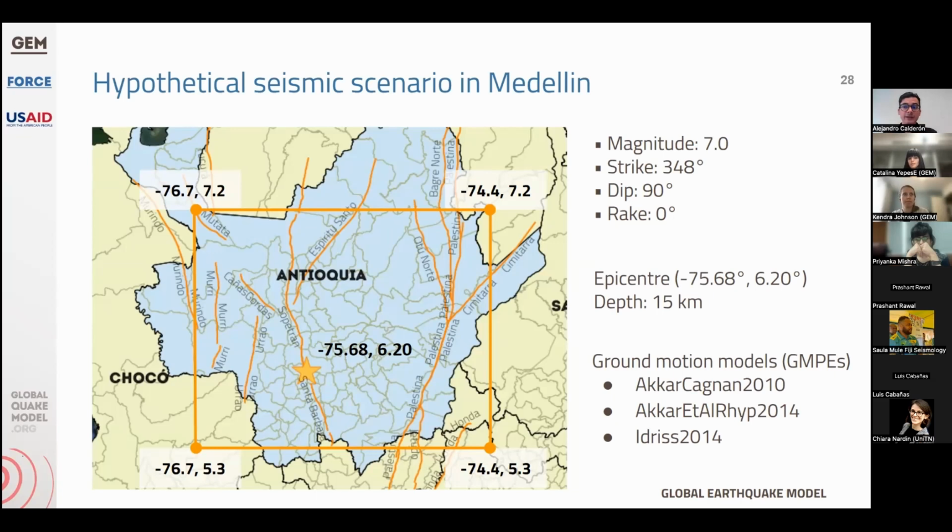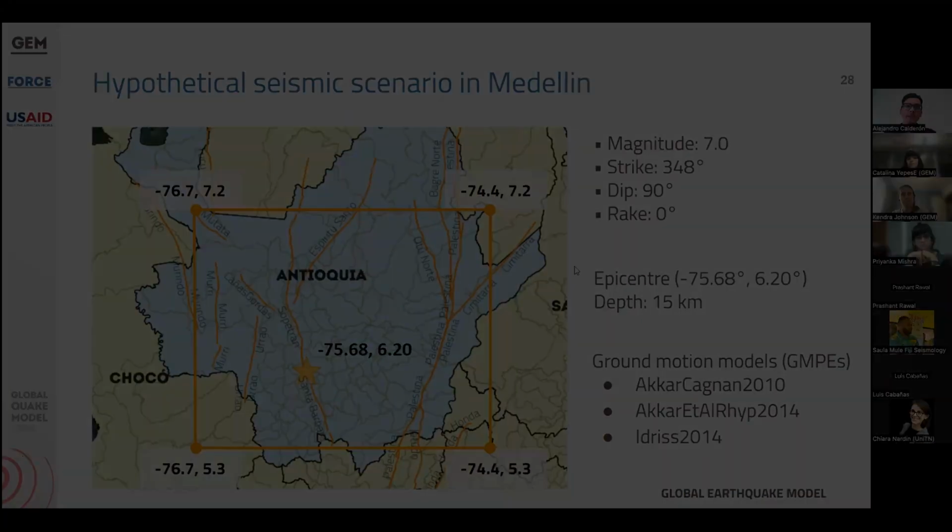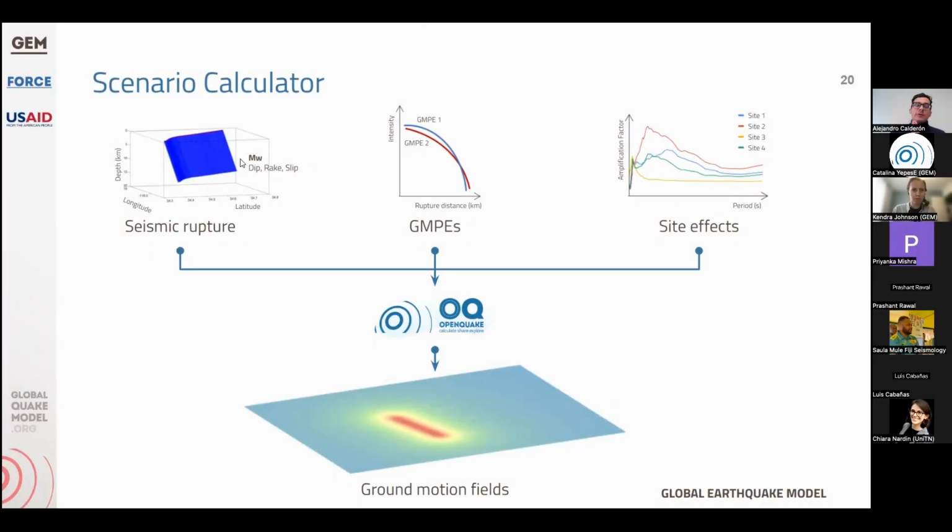So we understand the difference of using different GMPs or ground motion models. So we said that we need to prepare a seismic rupture, define the GMPs that we want to use, the site effects, if there are any, put all of that in OpenQuake, and this will produce for us the ground motion fields. So this is what we're going to do.